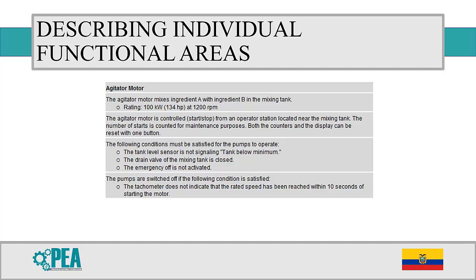Now that you have an idea of the requirements you have to fulfill with your hardware, you can start asking the company from which you buy motors if they have something similar or if they have to order it. Anyway, the agitator is controlled with a start-stop from an operator station, which also counts the number of starts, and the counters are displayed with a reset button.